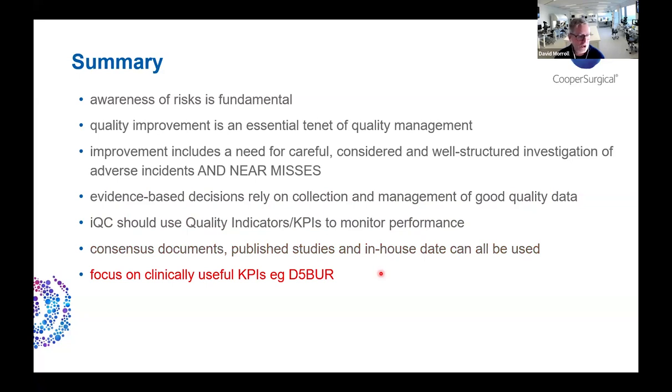And I would urge you to focus on clinically useful KPIs. We all work in busy labs with limited time, so you should consider where you put the focus, and clinically useful ones, such as the day 5 usable blastocyst rate that Hammond and Moorbeck highlighted, is a good starting point.